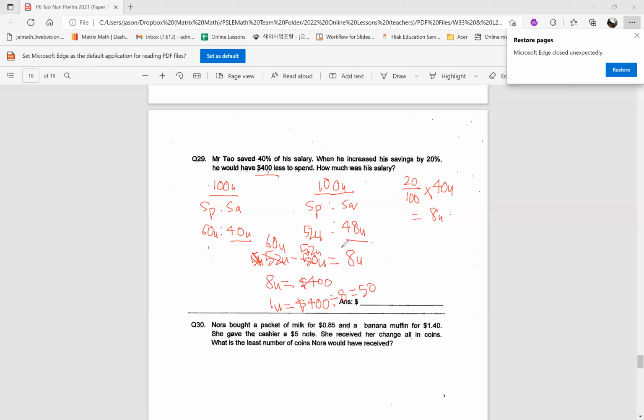Okay, thanks for pointing out. Is this minus this, 8. So $50 is 1 unit. Salary is 100 units, right? So 100 times $50 is $5,000.